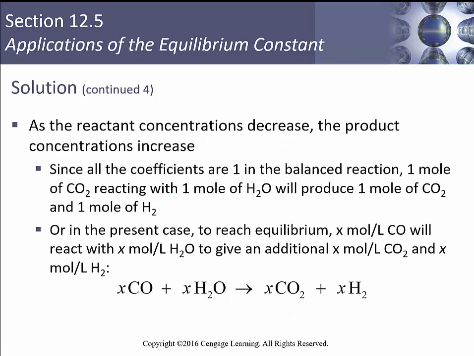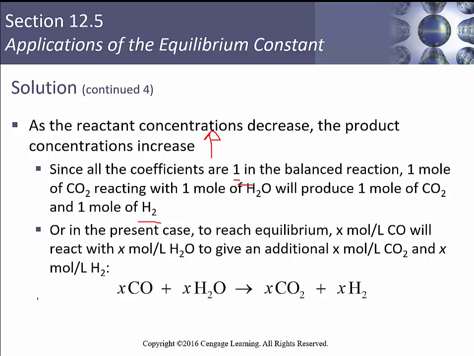As the reactant concentrations decrease, the product concentrations are going to increase. They're going to go up. Since all the coefficients are 1 in the balanced chemical reaction, 1 mole of CO is going to react with 1 mole of H2O, and it's going to produce 1 mole of CO2 and 1 mole of H2. Or in the present case, to reach equilibrium, X moles per liter of carbon monoxide will react with X moles per liter of water to give an additional X moles per liter of carbon dioxide and X moles per liter of H2.